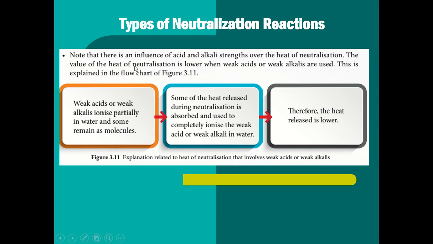The value of heat of neutralization is lower when weak acid or weak alkali are used. This can be explained by using this flow chart. Apa berlaku bila kita guna weak acid or weak alkali? Dia akan ionize partially in water, and some of the acid tadi akan remain as a molecule. Nanti cikgu akan tunjuk dia punya diagram macam mana. Ni macam recall balik you punya tajuk masa form 4.